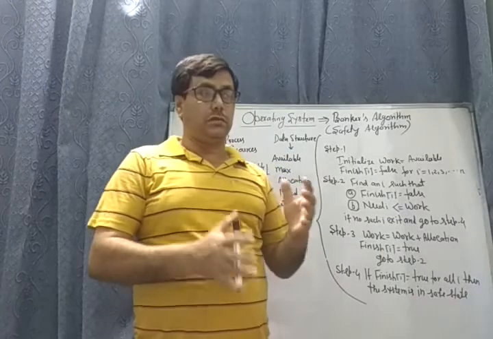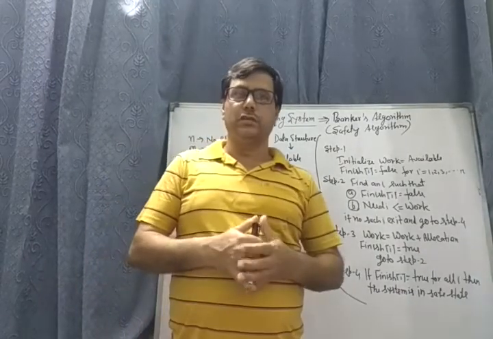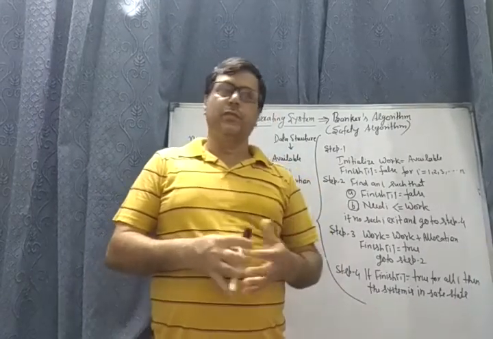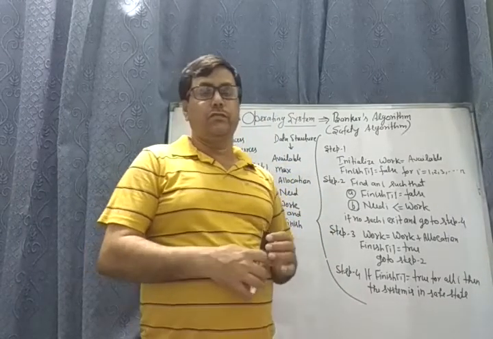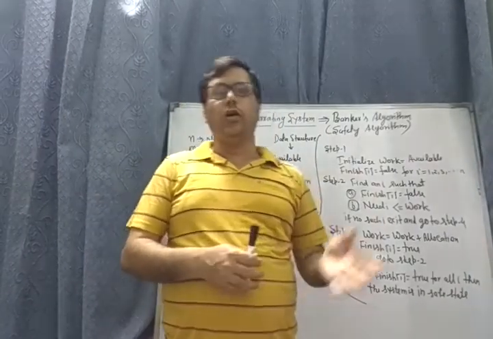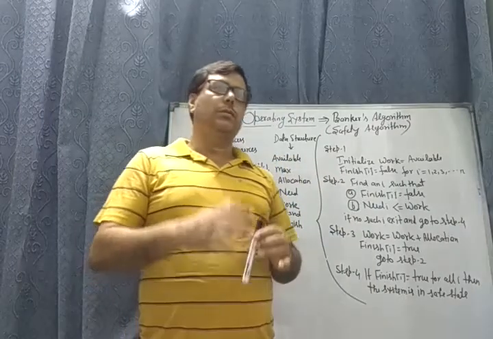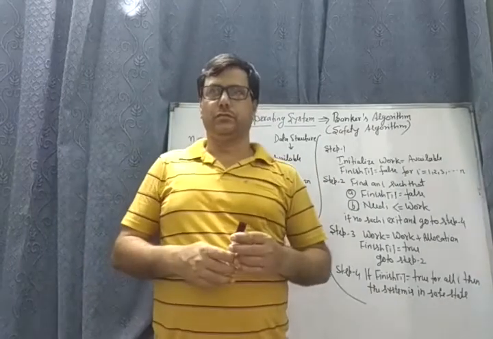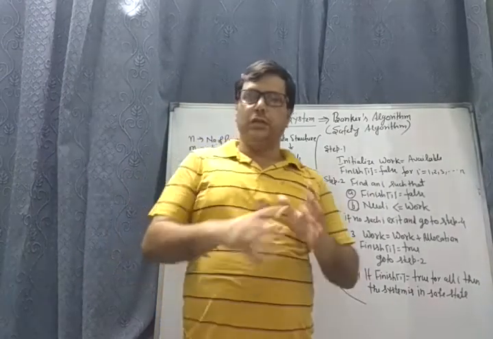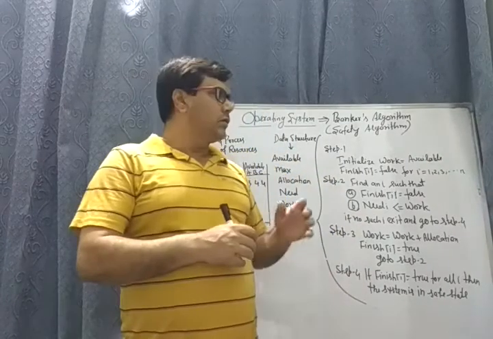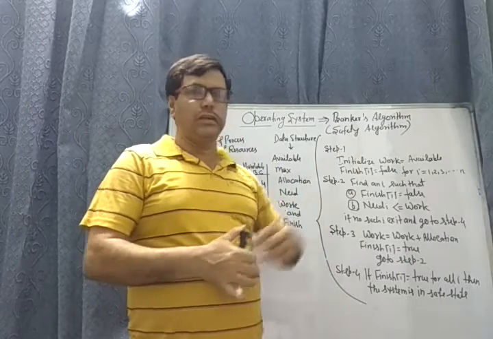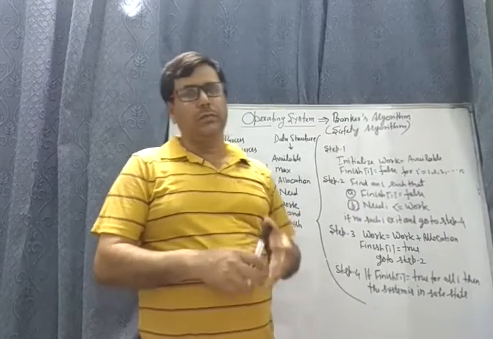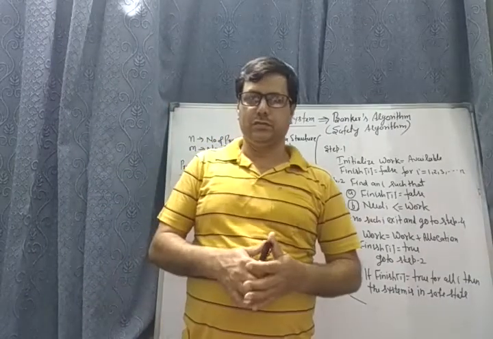If on the new request's arrival the system becomes unsafe, then the kernel will not allow the process to execute. So there are basically two concepts in deadlock avoidance, and these concepts are implemented by the banker's algorithm.